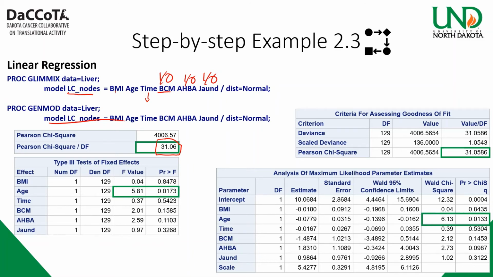So it looks like only age significantly predicted the number of liver nodes. And since this estimate is negative here, what that's telling us is that as age goes down slightly, the number of nodes goes up.